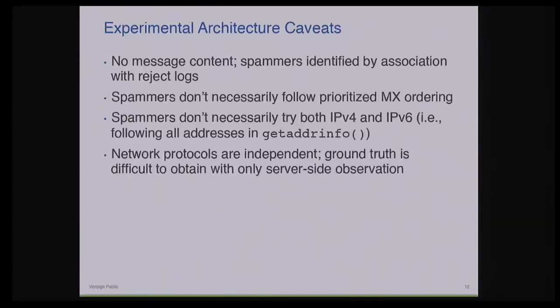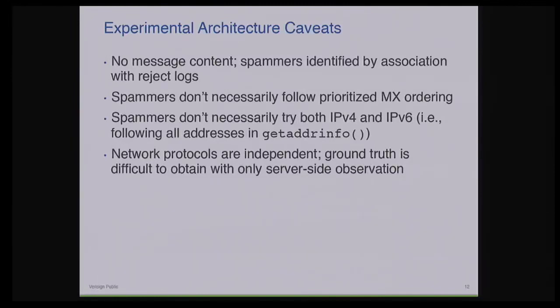Okay, a couple of caveats that you may have already caught, and we'll bring to your attention if you haven't. First of all, there is no message content here, and that was deliberate. The spammers are identified only by association. So spammers are identified, but not necessarily spam, and that is by design at this point. We also note that spammers are not necessarily going to follow specification, and that's okay.